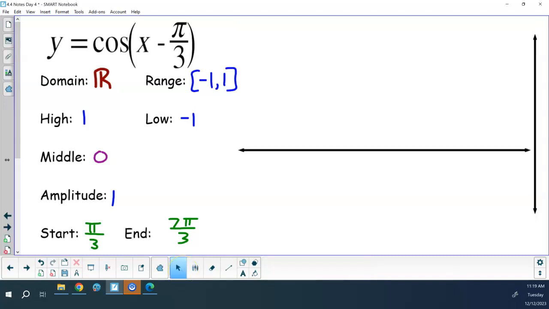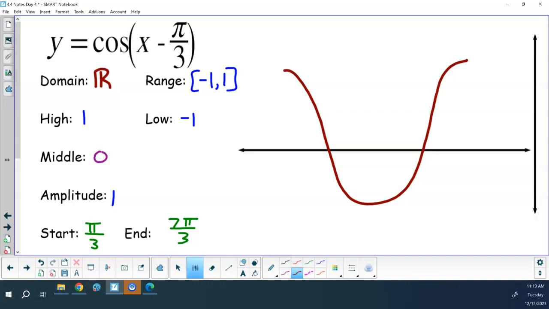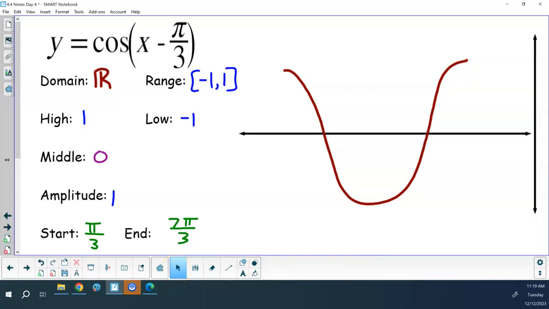Starts at 0. Cosine starts where? Up high? Ends where? Up high again, right? Okay.